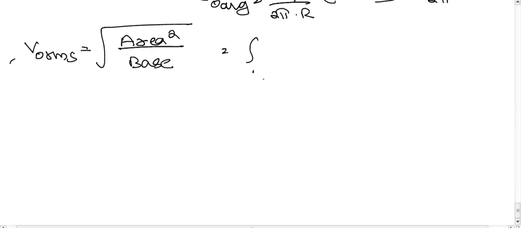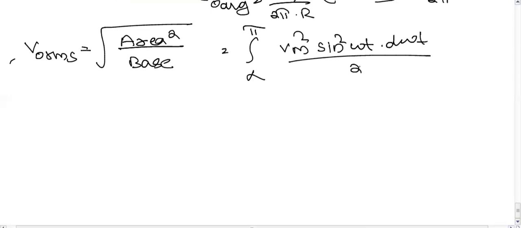So integral alpha to pi, it is from alpha to pi only, same way. So it will be Vm square sine square omega t into d omega t divided by 2 pi. Now it's your basic integration and other steps, and you have the root also.